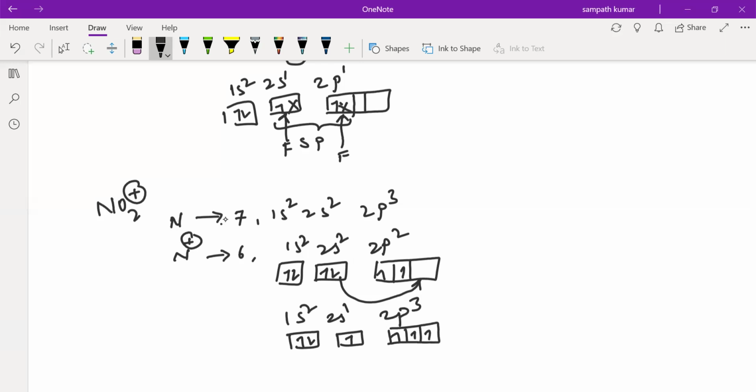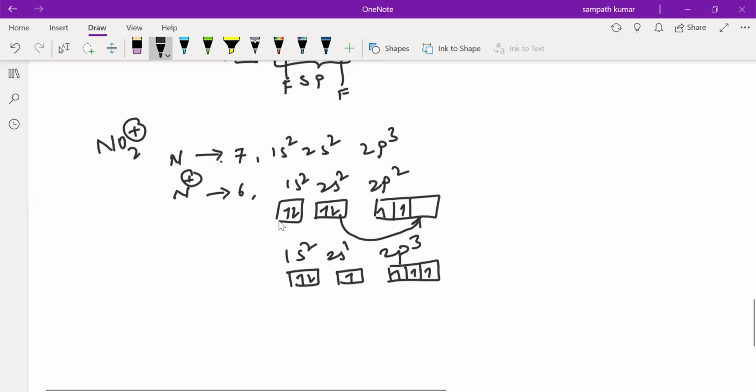What is the hybridization here? The 4 electrons are there now. sp hybridization. Now you put in the chat box sp hybridization, linear. It means why? Because of these 2 lone pairs of electrons, pi bonds are forming with the nitrogen atom.